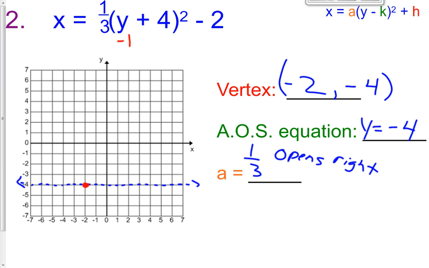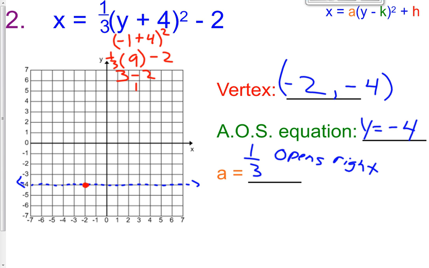Let's use negative 1 maybe. Negative 1 plus 4 is 3, and 3 squared, I think we got something here. 3 squared is 9. So now we have 9 times 1/3 minus 2. So you see how this is much more of a convenient point? 1/3 of 9, or 9 divided by 3, is 3. So this whole thing becomes 3, and 3 minus 2 is 1.